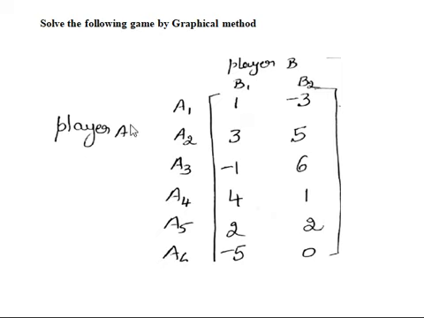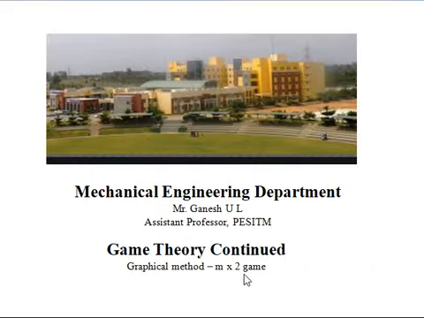So we have two players, player A and player B, and there is a conflict arising, and we are trying to find the value of the game which favors player A or player B, and what the probabilities of these strategies are. That is, the probability of A1 up to the probability of A6, along with the probabilities of B1 and B2, which we are trying to find in this graphical method of the m cross 2 game.